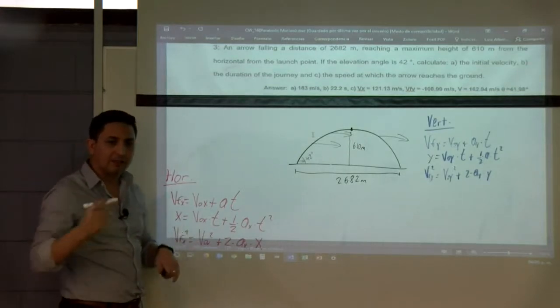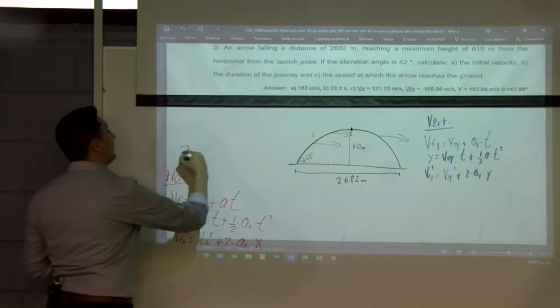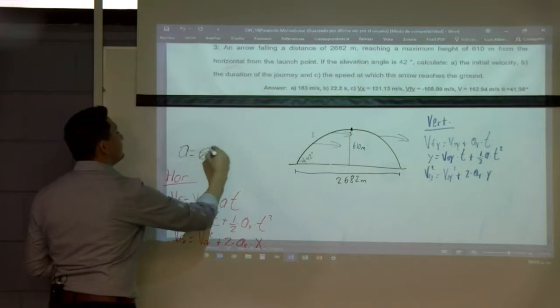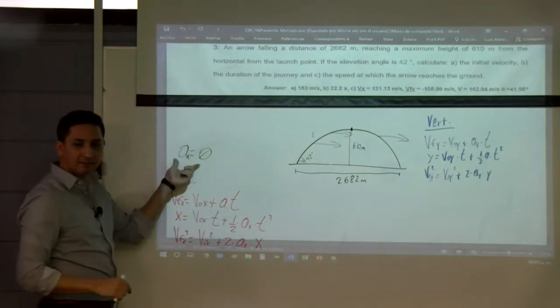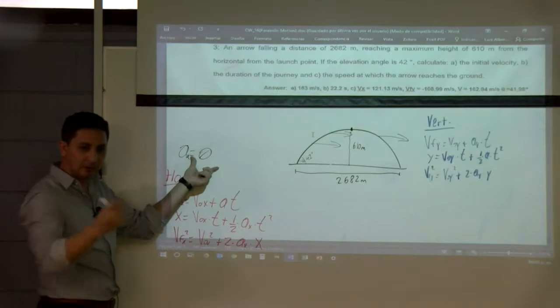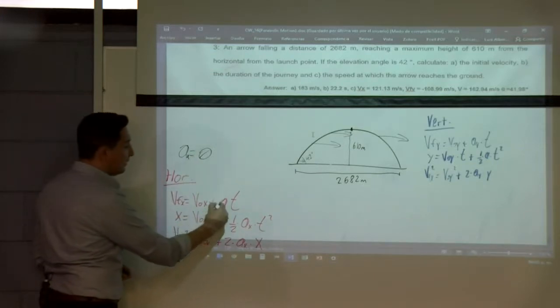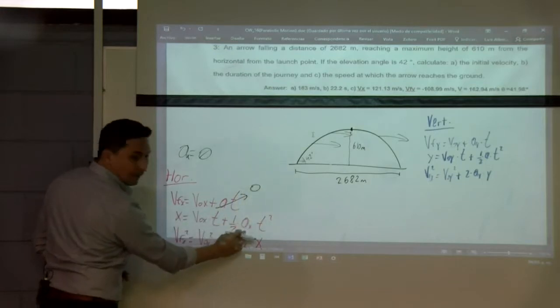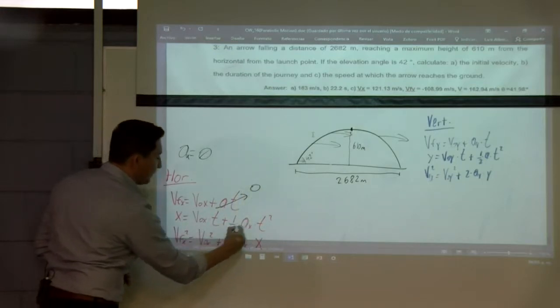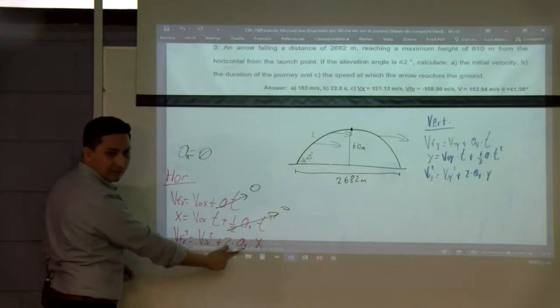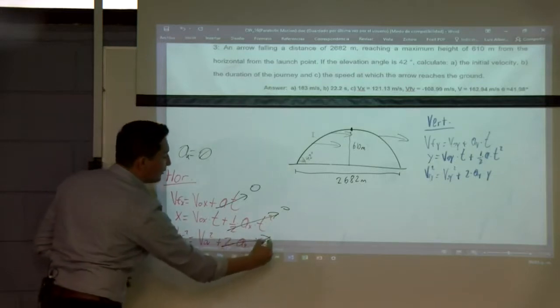Constant velocity. That means zero acceleration. So the acceleration on x will always be 0. This is good for you because the acceleration here is 0, and this acceleration over here will also be 0.